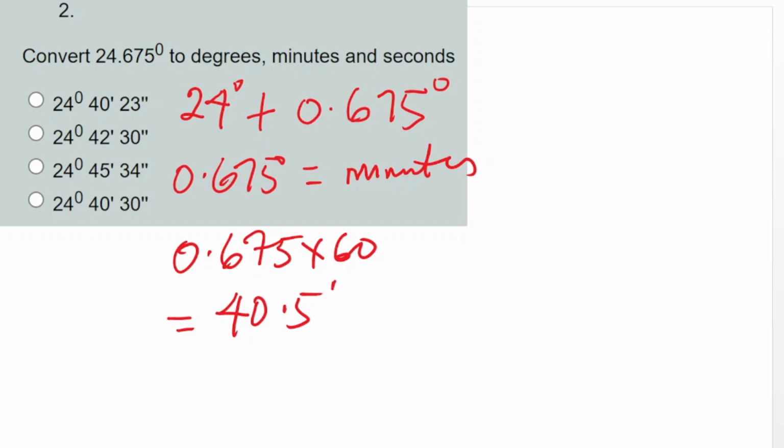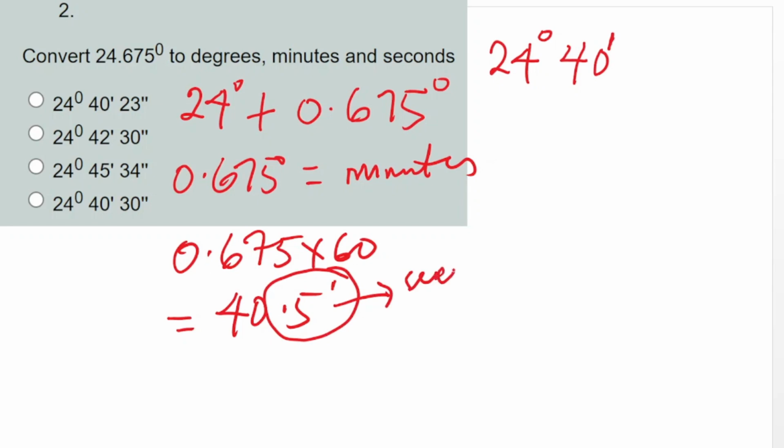So 24 is part of the degrees, and this will then be 40 minutes. Then the decimal part of the minutes will be changed to seconds.